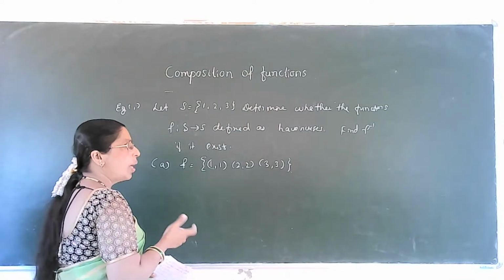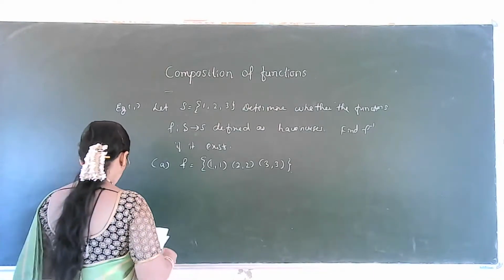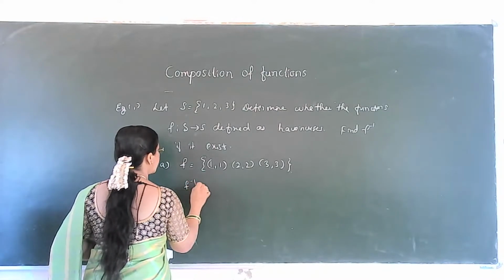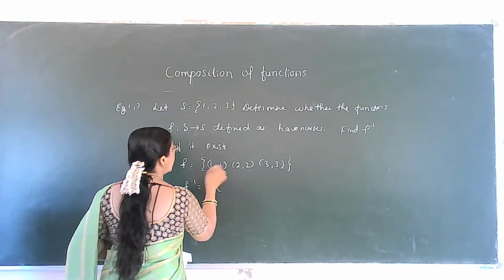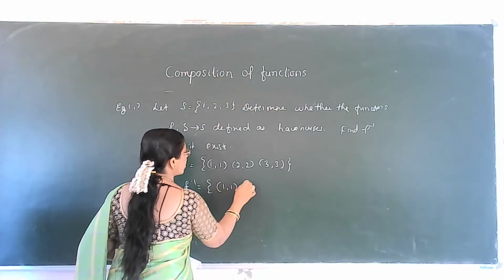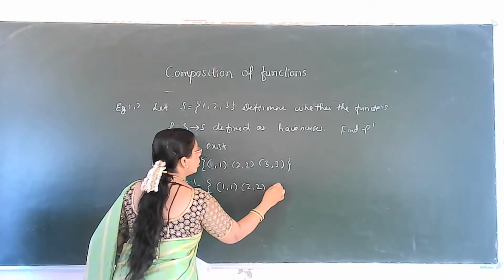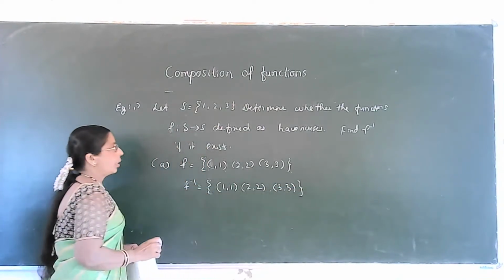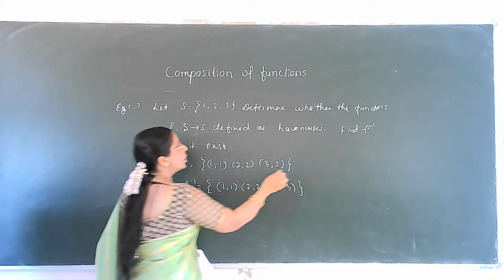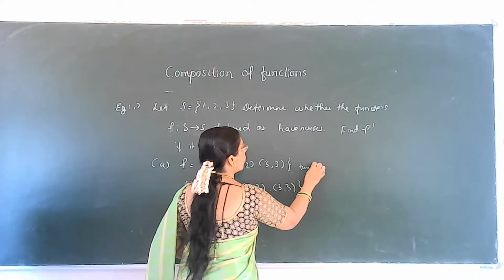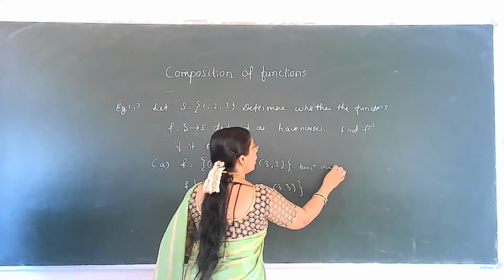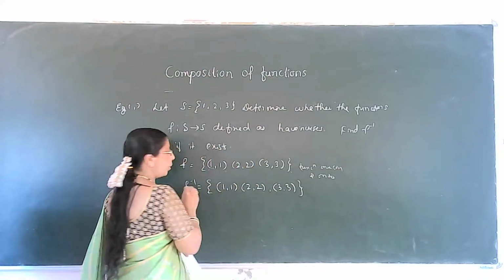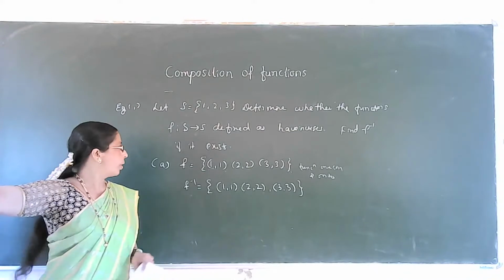It's bijective. Therefore, f inverse is equal to the reversed pairs. We can write f inverse only when the function is one-one and onto.